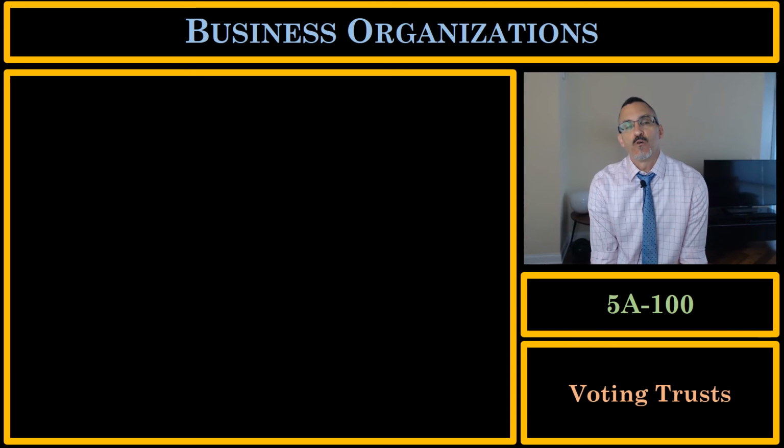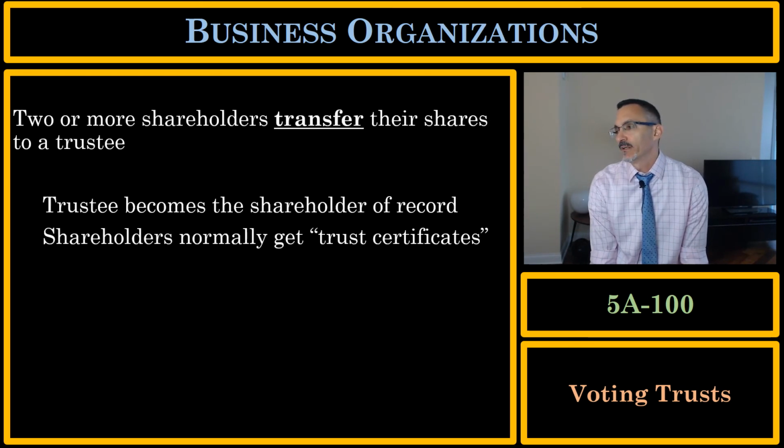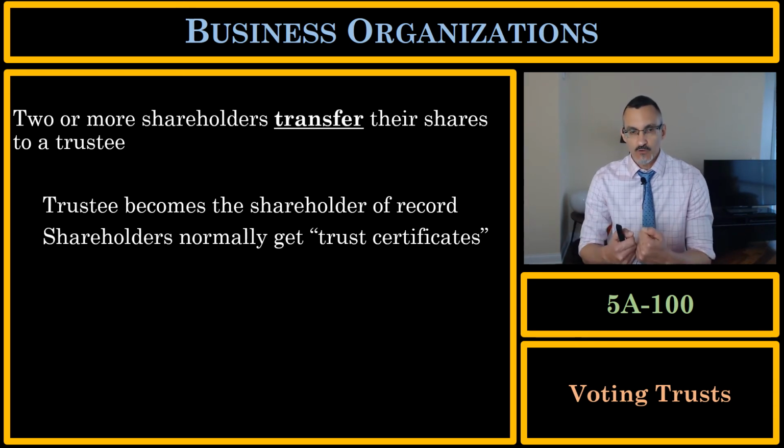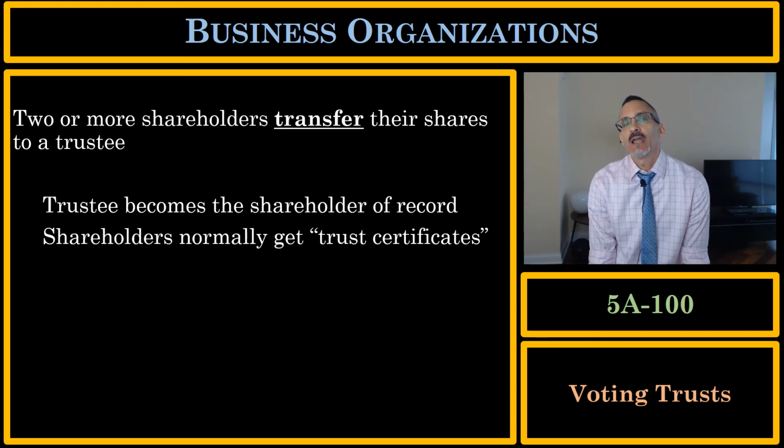Let's talk about voting trusts. Voting trusts are similar to vote pooling agreements, but here's the important difference. This is where two or more shareholders actually transfer their shares to a trustee. The trustee becomes the shareholder of record.